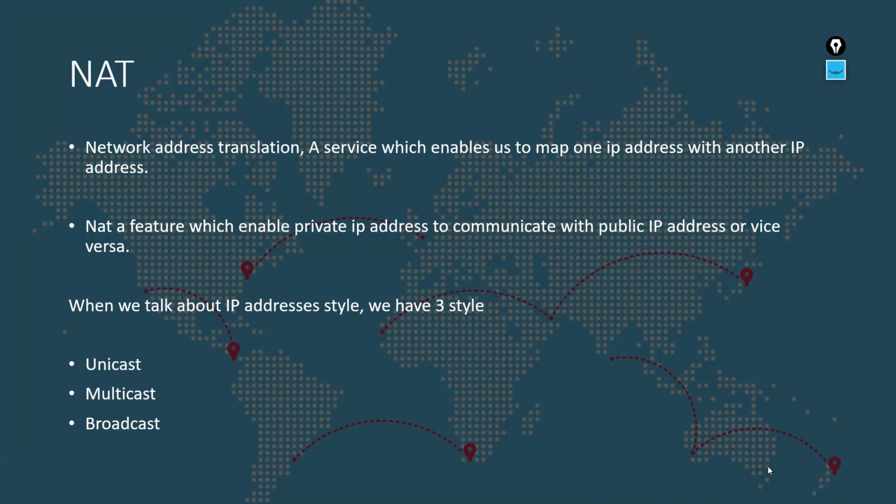Okay, so we'll start once again. An IP address is a 32-bit decimal address, correct? There is IPv4 and IPv6. In IPv4 we have about 4 billion IPs, but in IPv6 it is practically unlimited.